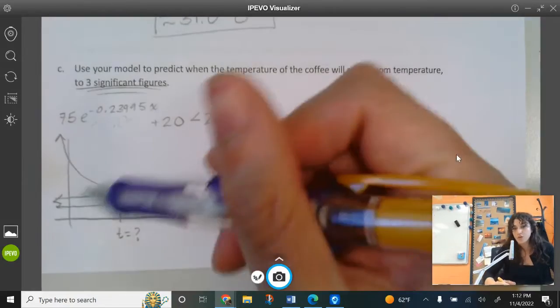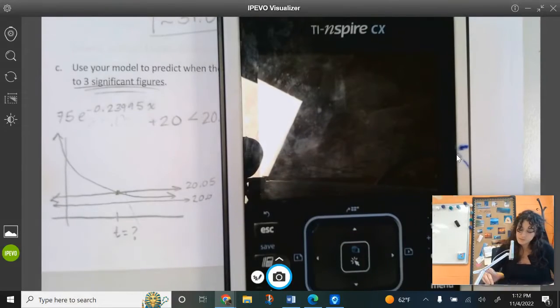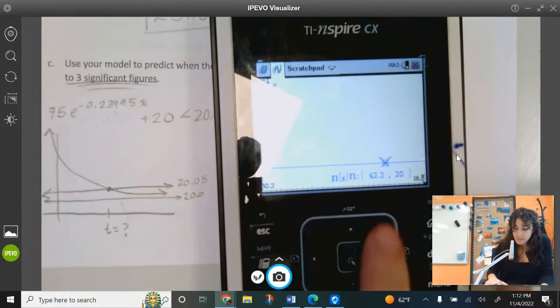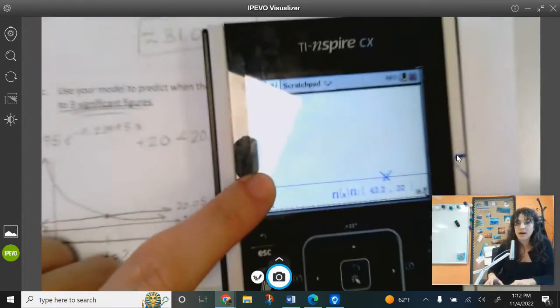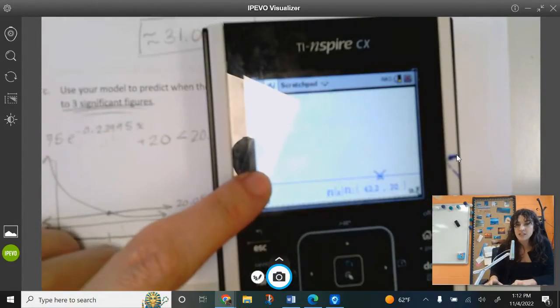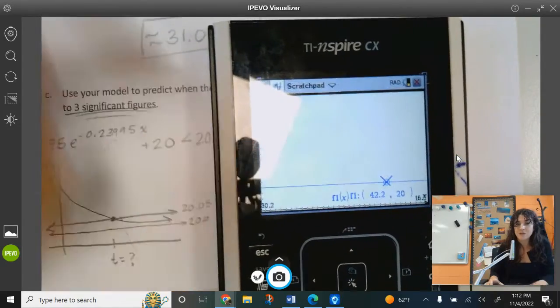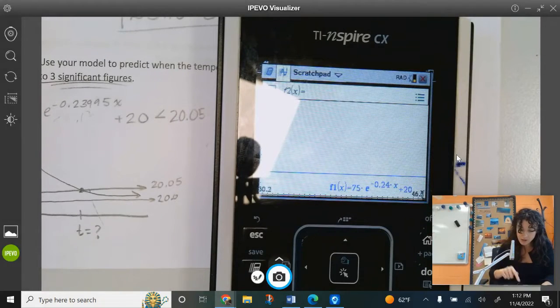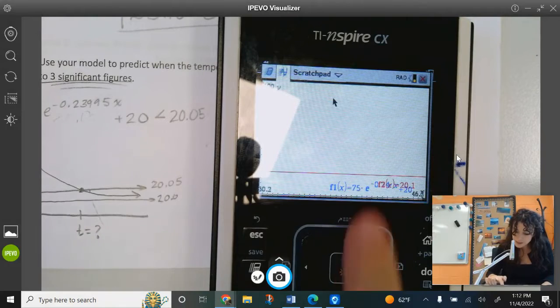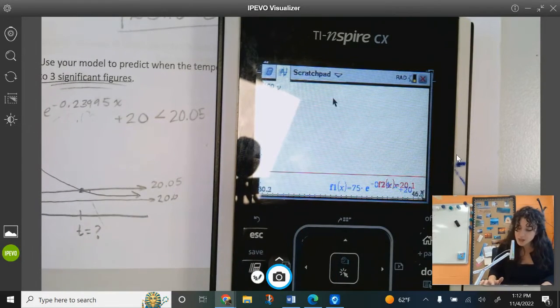So we could graph this relationship. I can see it happening somewhere over here, where my 3 sig figs of my calculator are telling me it's about 20. So I might just leave my window like this and hit tab and graph 20.05, and see, okay, it looks like they're right on top of each other.